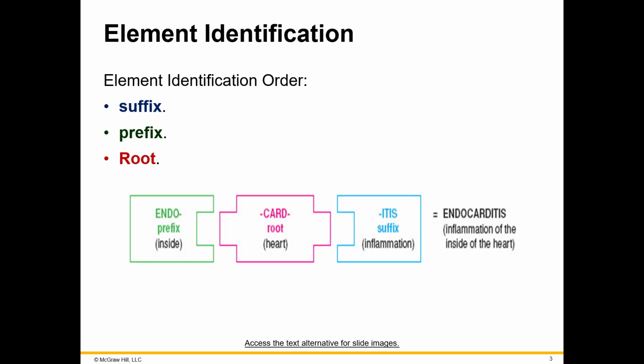So that's why we also start with the suffix first when we're identifying or breaking down a term, is because we need to use all of the letters that are within a suffix. So if a word root ends with the same letters that a suffix will begin with, then those letters now belong to the suffix, as we have here with cardi, now that I belonging to itis. So we do not have two I's in the medical term right next to each other.